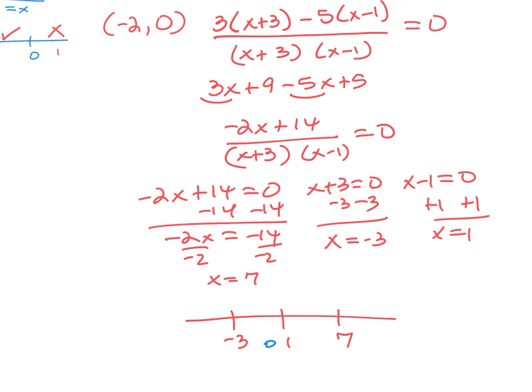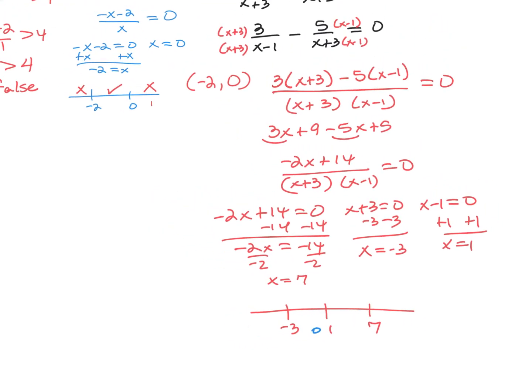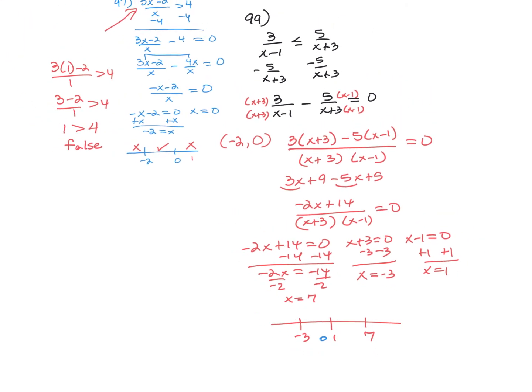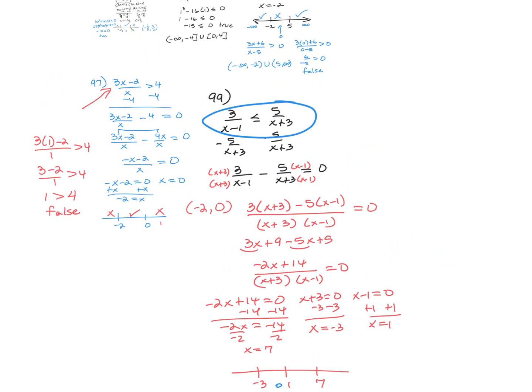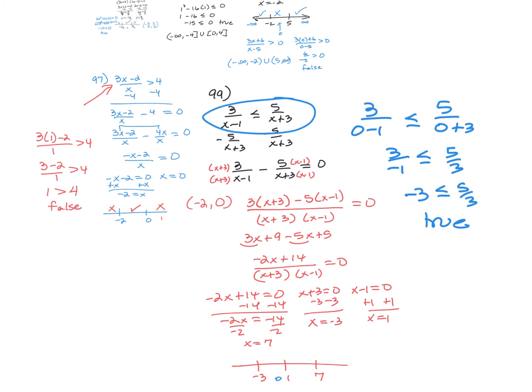It's located in this section. So again, my original was up here. So let's go ahead and plug in 0. So 3 over 0 minus 1 less than or equal to 5 over 0 plus 3. 3 over -1, 5 over 3. -3 less than or equal to 5/3. This one is true.